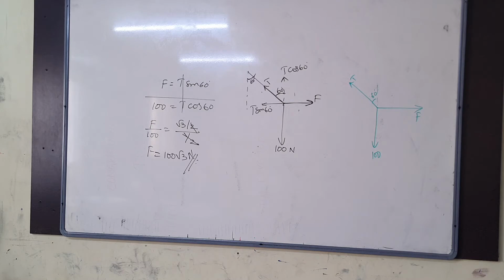And also 100 will get cancelled like that. Again now it becomes root 3. So T is equal to F by root 3 by 1, and one more, T equals 100 by 1 by 2, that is 200. T equals 200 into root 3 by 2, that is 100 root 3. Did you get root 3? OK.